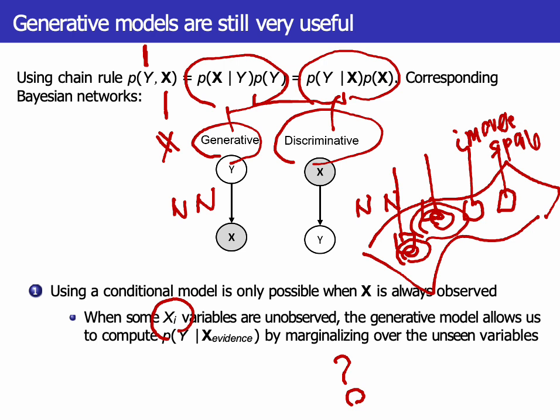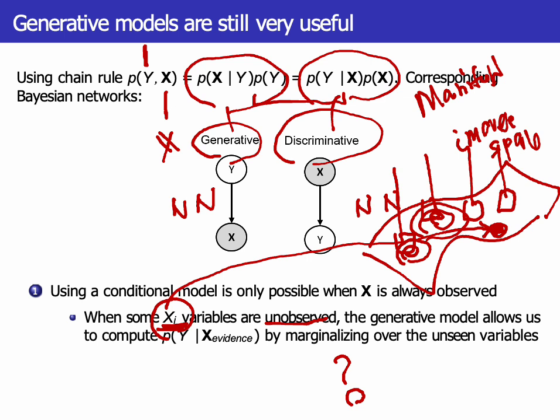If you have an x_i which is not observed, these images still define a space, a manifold, which includes images that do not exist here.